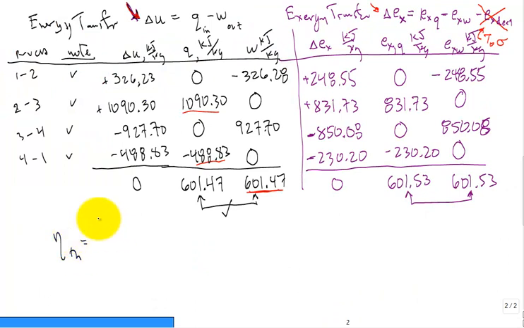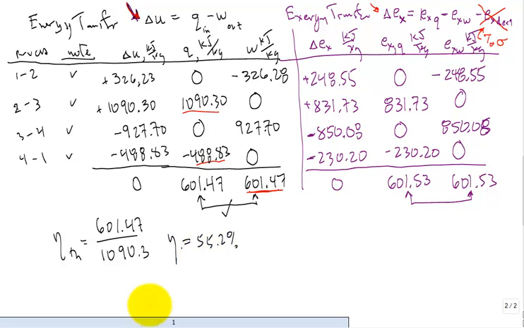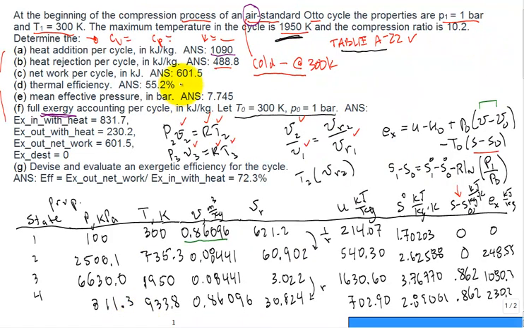That's the work net, 601.47, and you divide by the heat that you had to pay for to bring in, 1090.3, and you get the thermal efficiency right at 55.2%. Okay, go back and just check. Yeah, 55.2%.